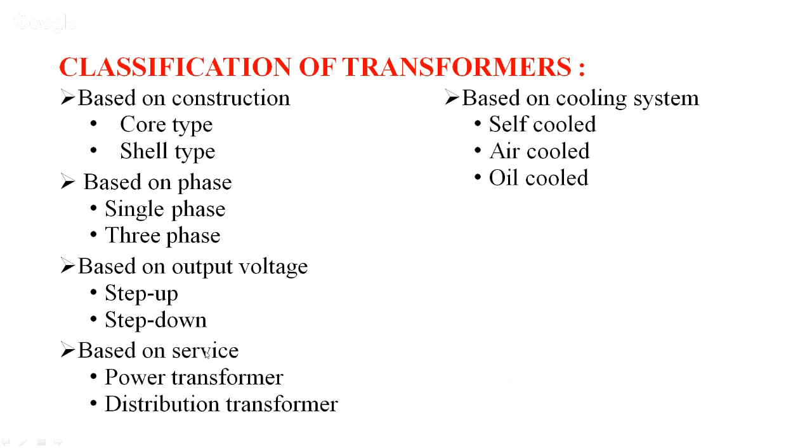And based on service, we have power transformers and distribution transformers. And based on the cooling system adopted, we have self-cooled transformers, oil-cooled, and air-cooled transformers. So these are the different bases on which the transformers are classified.